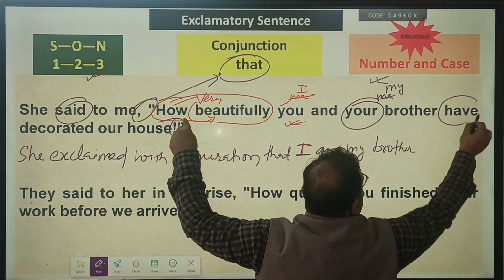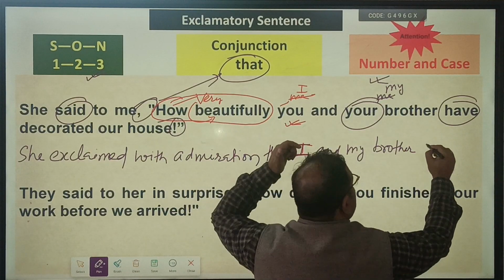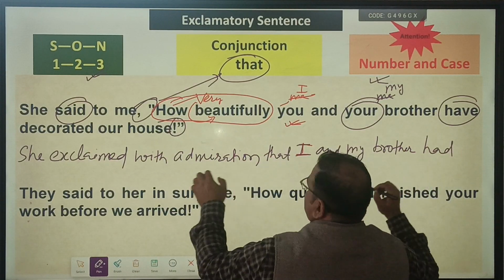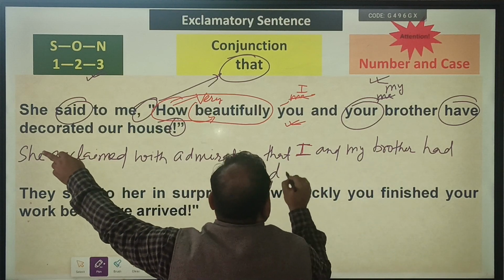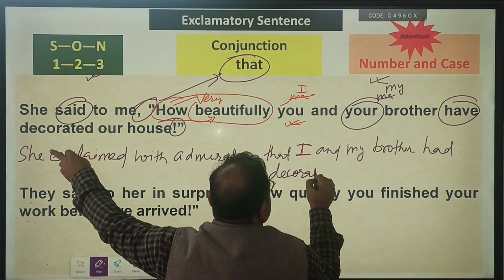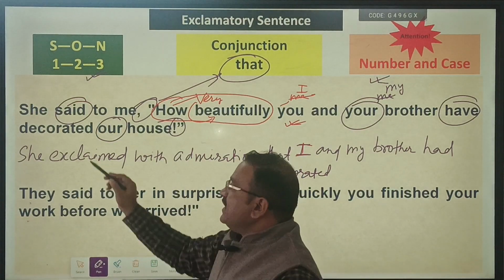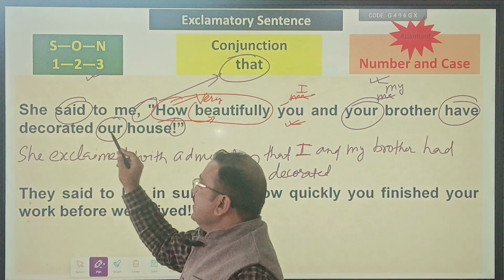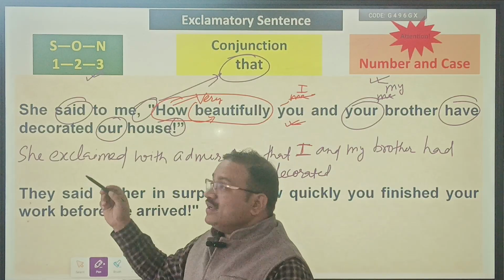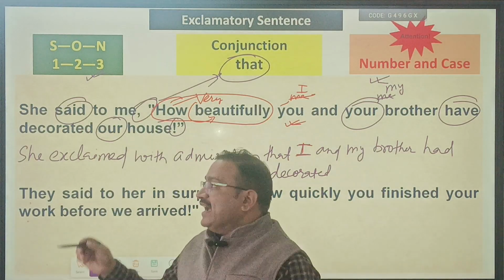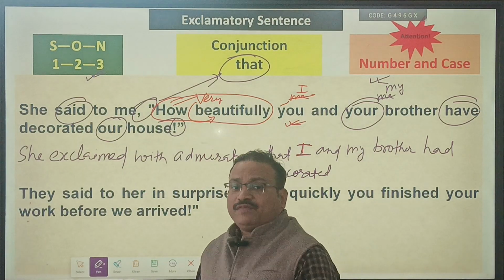brother have, present perfect changed into past perfect, had decorated our. First person will be changed by subject. Subject is she. Our is plural, so plural of she is what? They. Our is possessive case, so possessive of they is what?